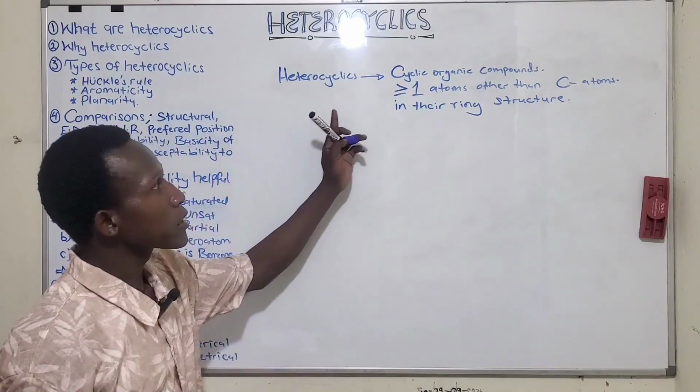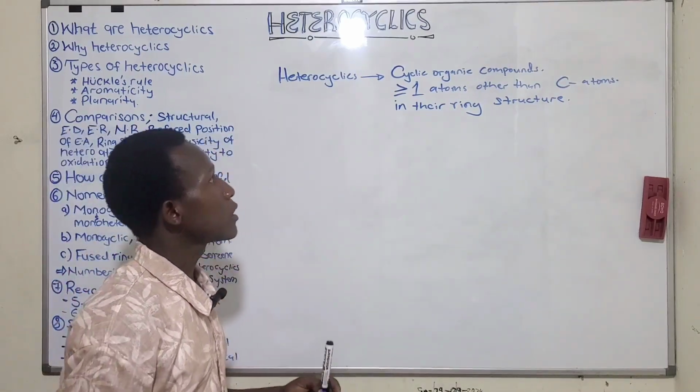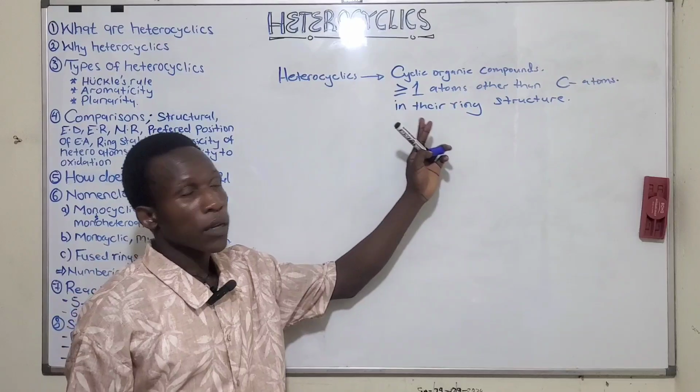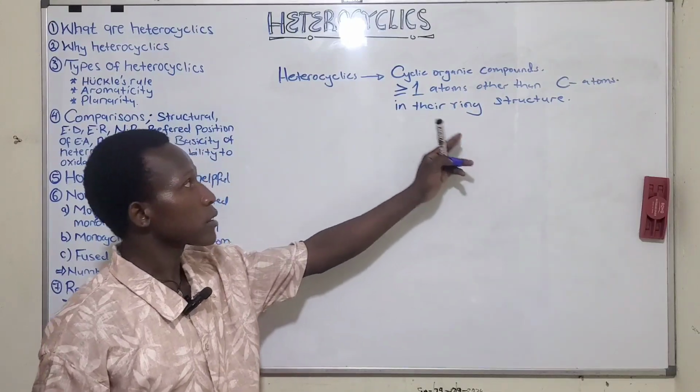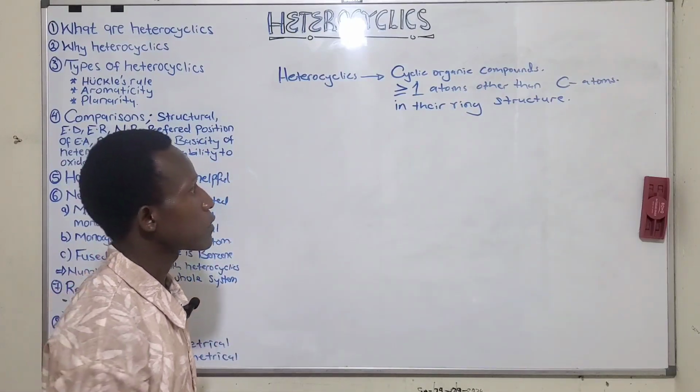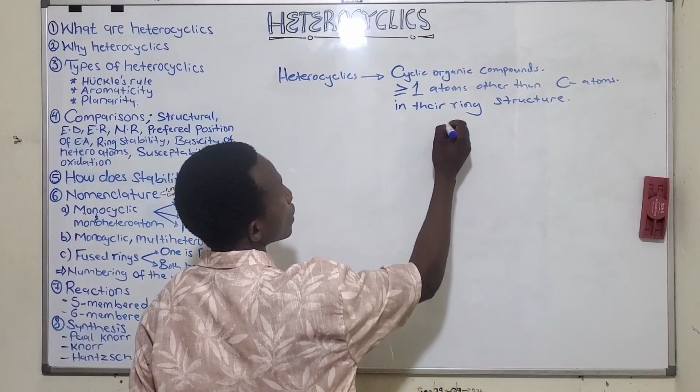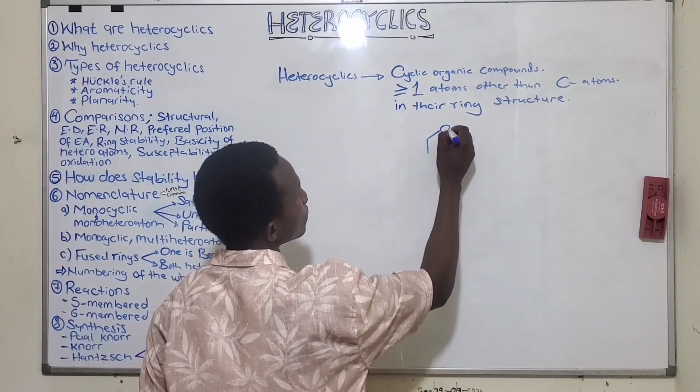So, for example, you can have this compound: this is carbon, carbon, carbon, carbon, and this is oxygen.